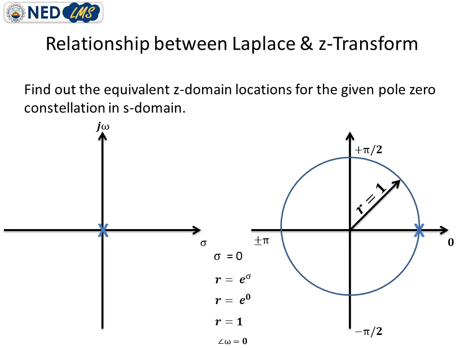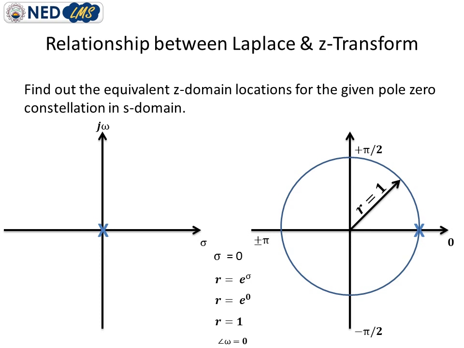It is very interesting to note that once I am provided with the pole zero constellation in Z plane, I can easily determine the frequency response, or vice versa. If the frequency response is given to me, I can plot it in the Z plane, and from the Z plane pole zero constellation I can actually derive the mathematical expression in terms of transfer function.